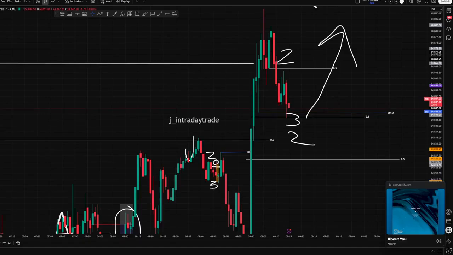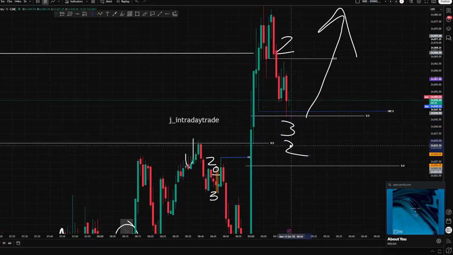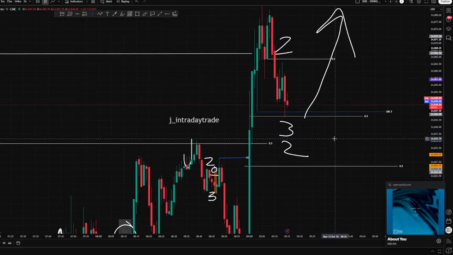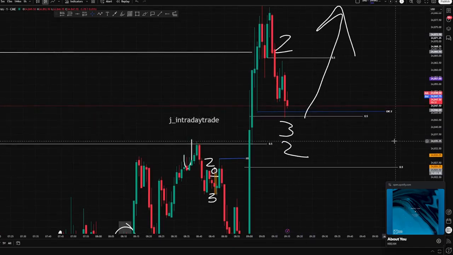See if it heads up here. I don't want to see this low being ran down here now. Let me just move this 3 inside the 2. If it does run that low, we're most likely heading back down lower here.